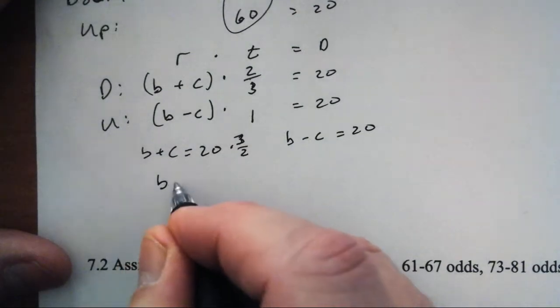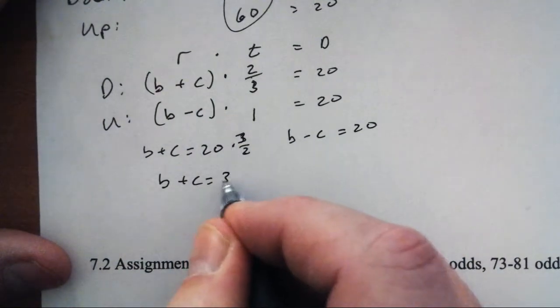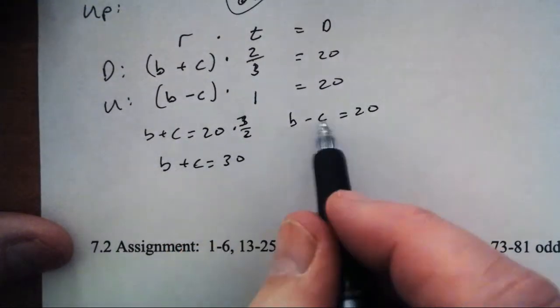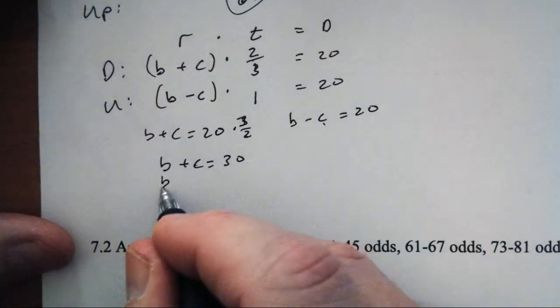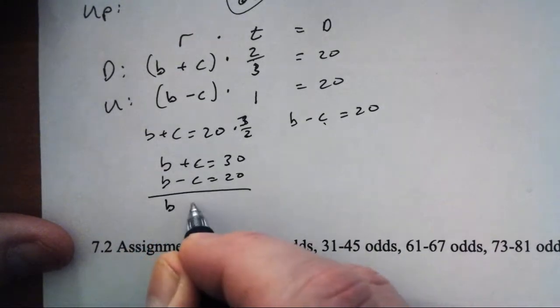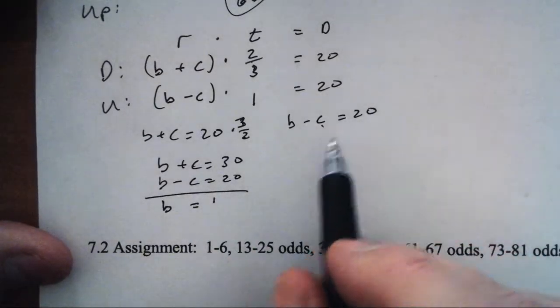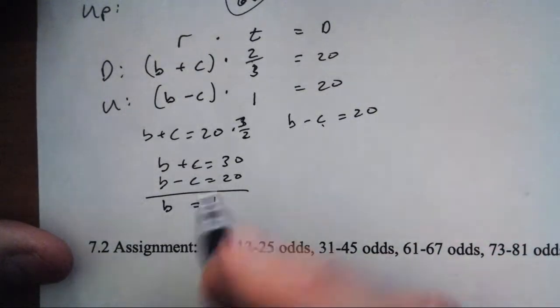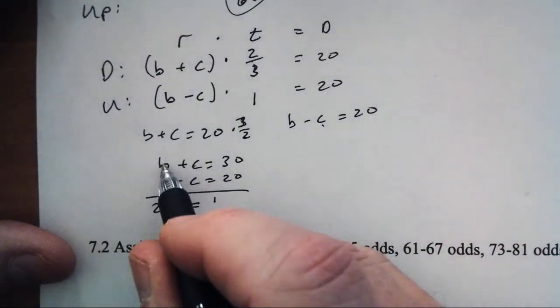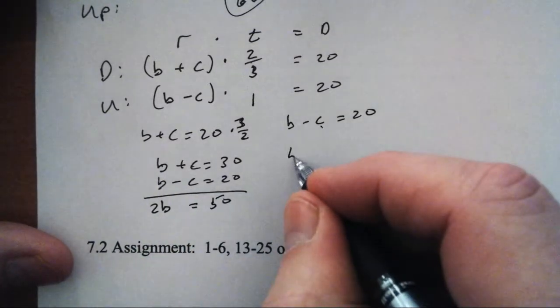So B plus C equals 20 divided by 2, 10 times 3, 30. I want to solve these equations, but how convenient. Adding these, B plus B, 2B, the C's cancel, equals 50.